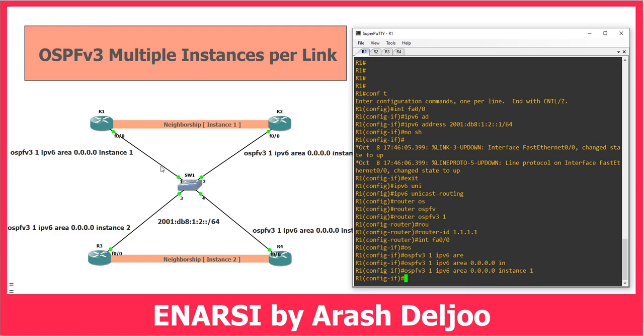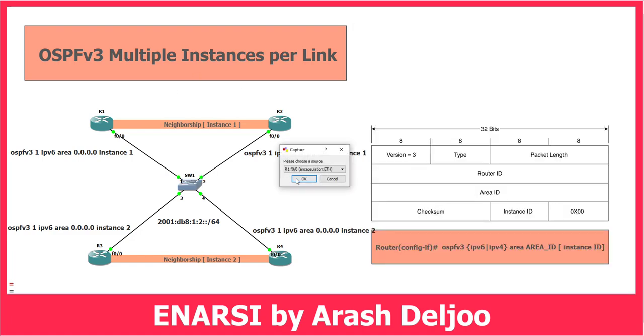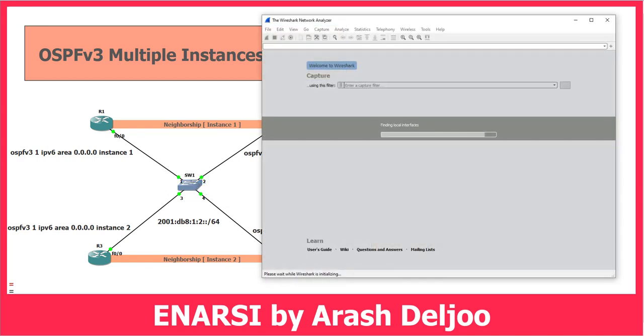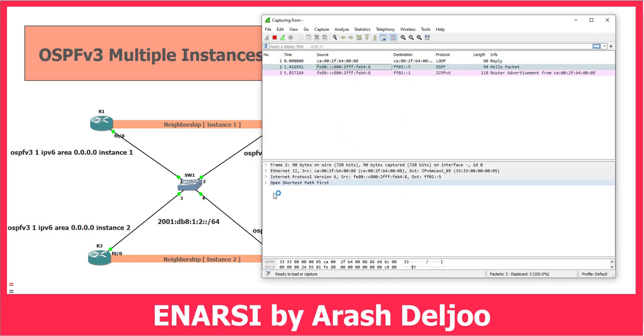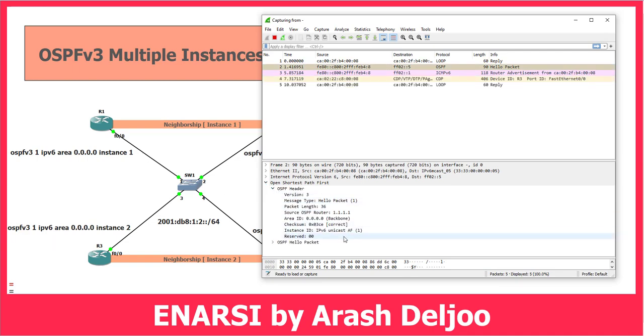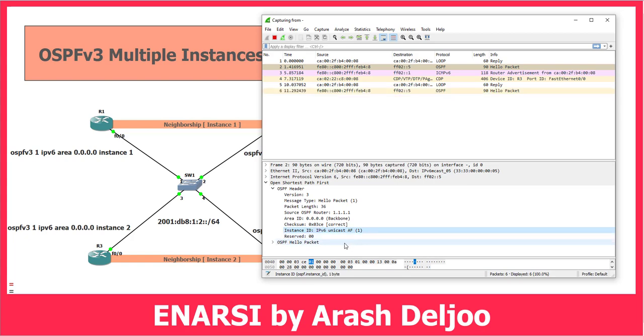Let me show you the hello that R1 is now sending on this interface. By default, the instance ID value is 0, but now we are sending the instance ID as 1. Here we should find one hello packet. This is the hello of router 1, and in the instance ID we can see we are sending the value of 1.